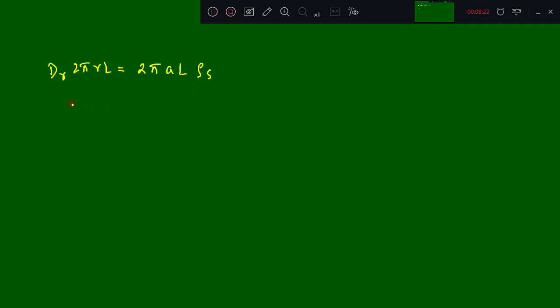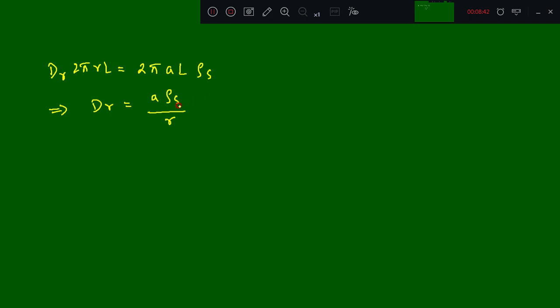This implies D r is equal to A rho s divided by r.